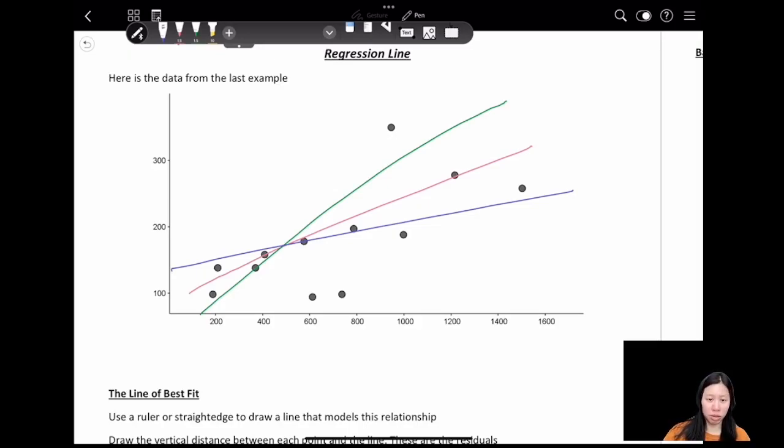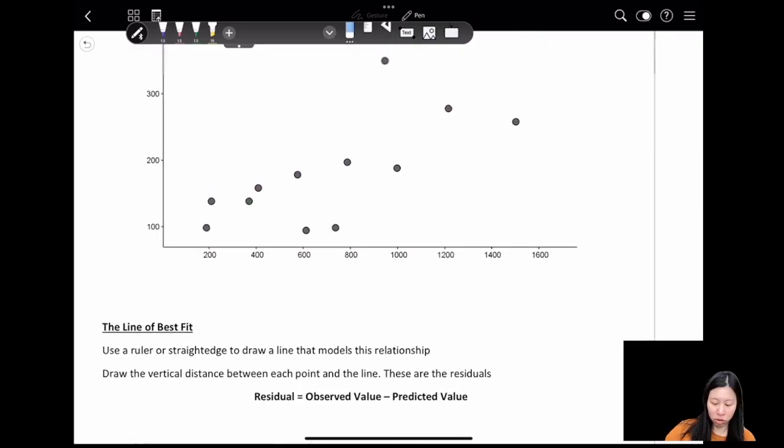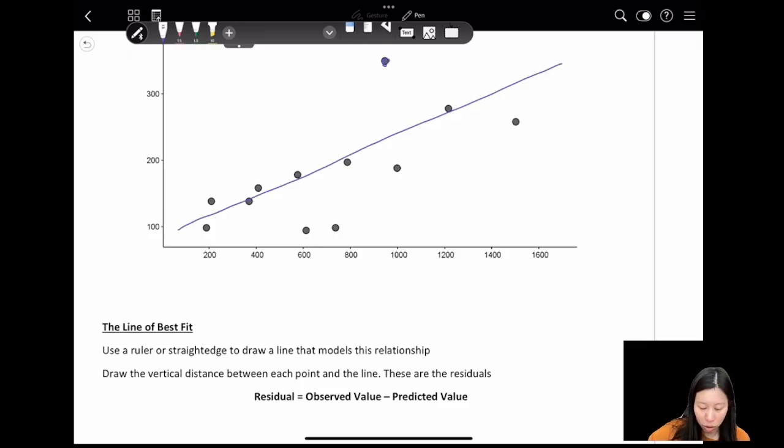There's a rule for that. When we draw a line, we draw the vertical distance between each point and the line; these are residuals. For example, if we choose this purple line, residual means the distance from this point to the line.